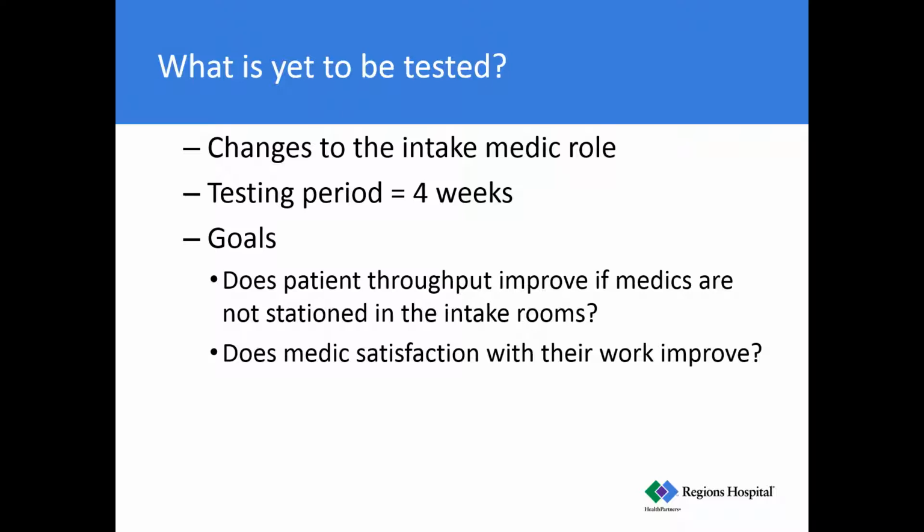And then also, does paramedic satisfaction improve as we evaluate these additional changes? There'll be more information sent out as we get closer to implementing the testing period, so stay tuned.